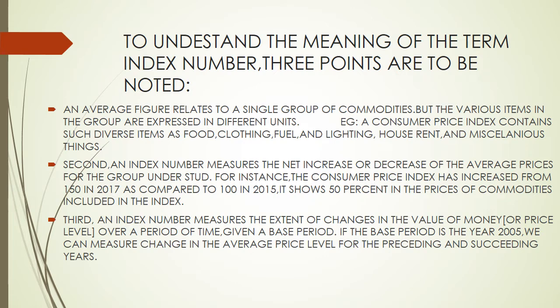So when we take 2005 as the base period, we compare the prices of the commodities that have changed with 2005. We can go for the preceding and succeeding years. Preceding years are before, so we can go with 2001 to 2005, or else with 2005 to 2000. So we can compare anything.